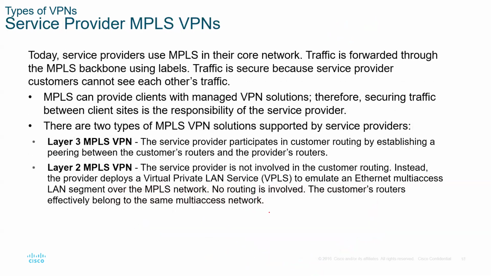Then to end up, service provider MPLS. Today, service providers use MPLS in their core network. Traffic is forwarded through the backbone using labels. Traffic is secure because service provider customers cannot see each other's traffic.